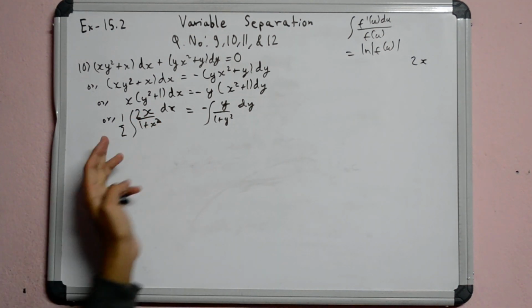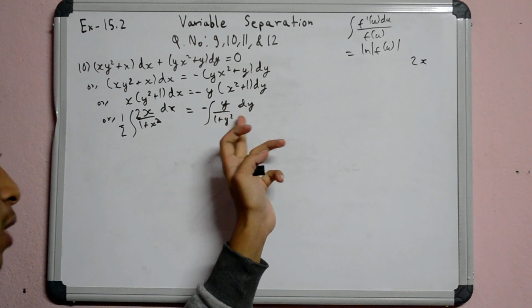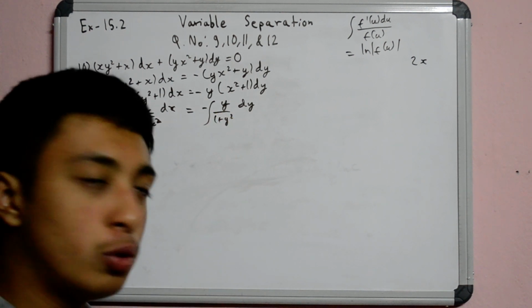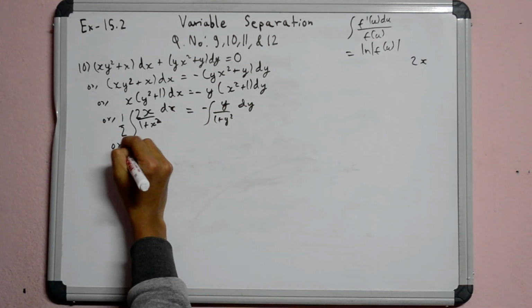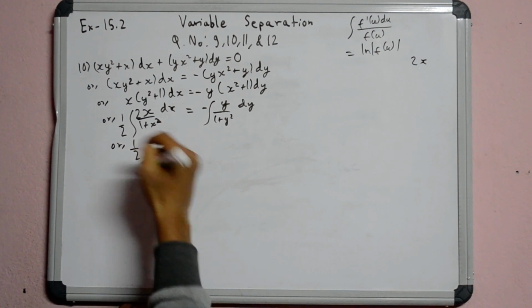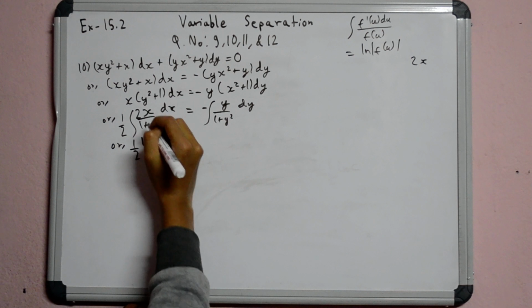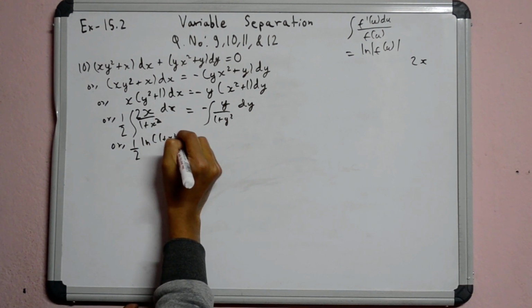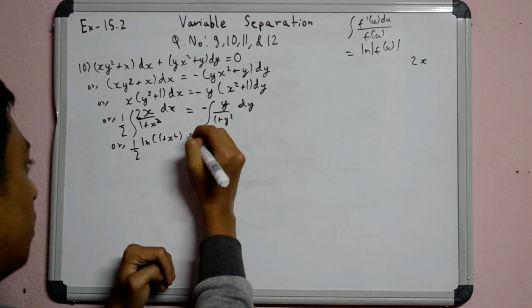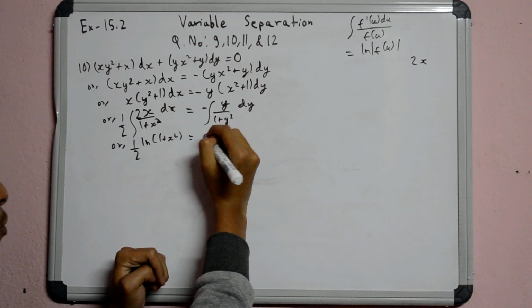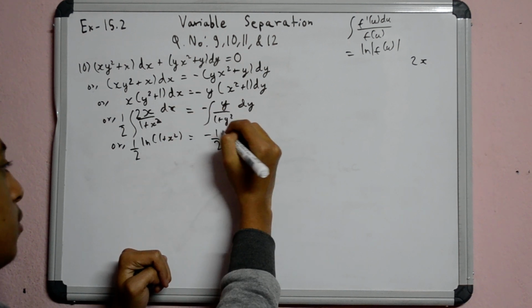Now it's a similar thing for the y, but we don't have to show that, and in the next step we can directly write 1 by 2 log natural of the function, which is our 1 plus x square, and just like the x dx, we can write it for the y as well.